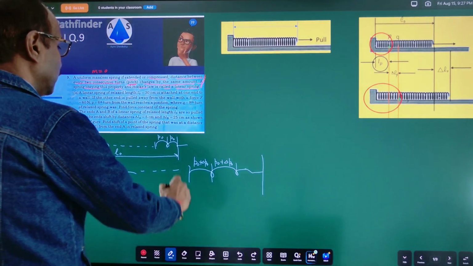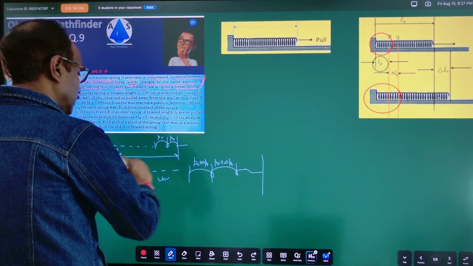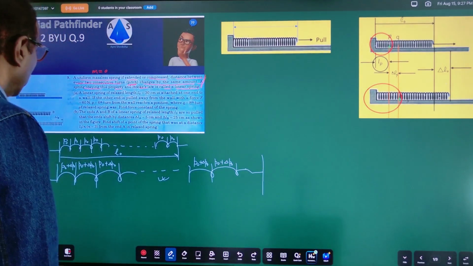So this concept you understood. Let us go to part A.